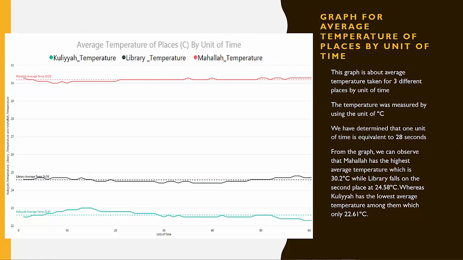From the graph, we can observe that Mahalah has the highest average temperature, which is 30.2 degrees Celsius, which is quite hot and not comfortable to study, while library falls in second place with 24.58 degrees Celsius, while Kuliah is the best because it has the lowest average temperature among the other places, which is only 22.61 degrees Celsius.